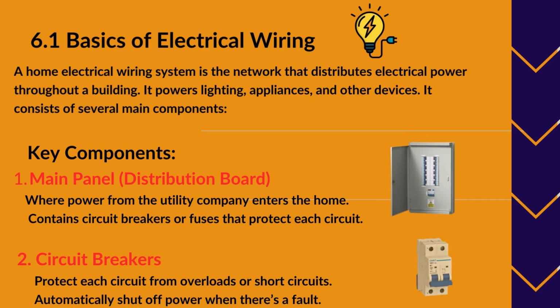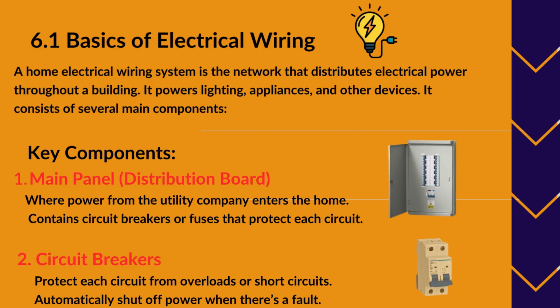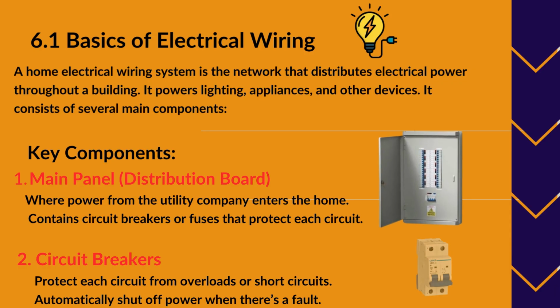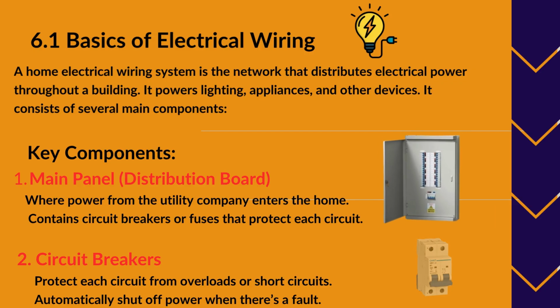So you can actually automate at the DB level, where you get a smart circuit breaker. When there's a bad current, the circuit breaker automatically switches off the entire power on that area. Or you can remotely, from anywhere in the world, use your phone to shut down the circuit breaker.